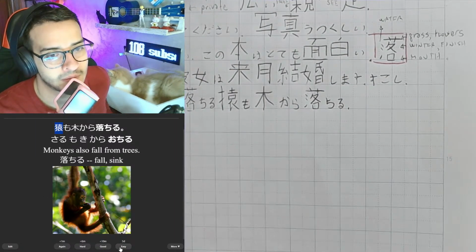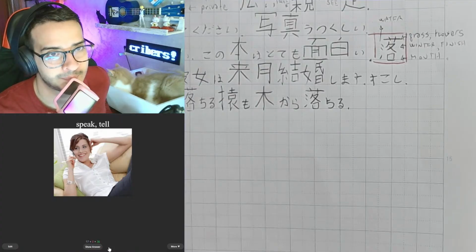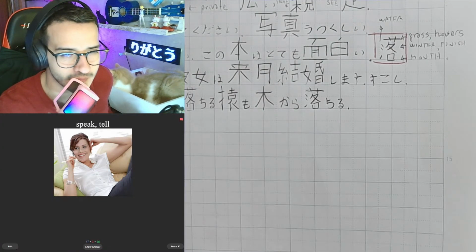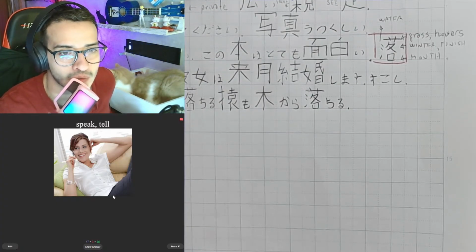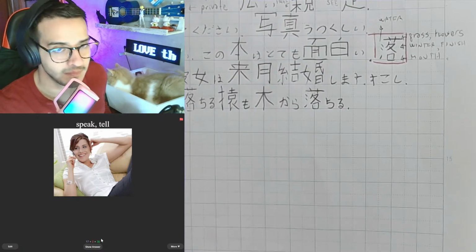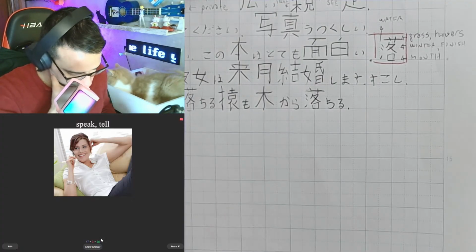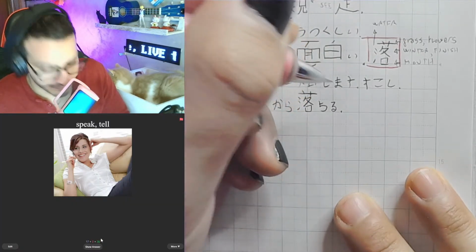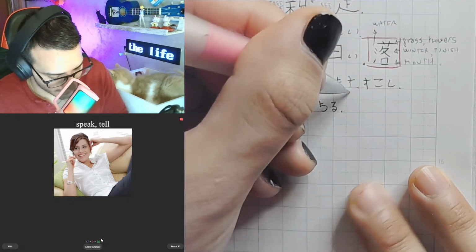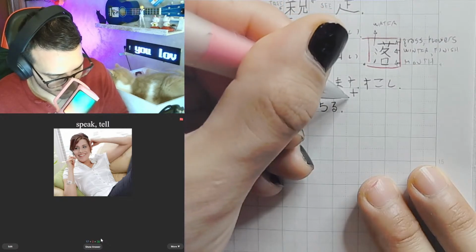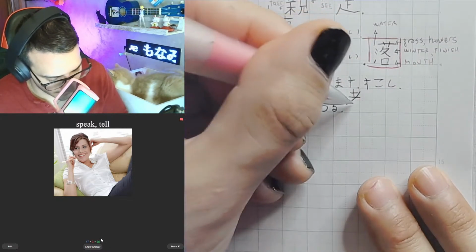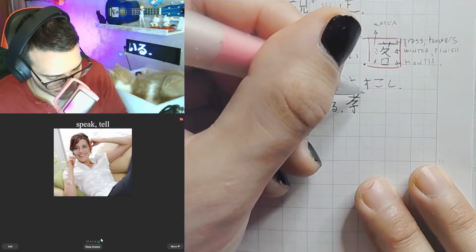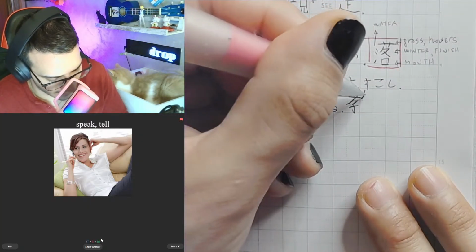Easy? No. Let's do 10 minutes. How do we say to speak, to tell in Japanese? Here's how I remember it. So first of all, there is the ground radical, then the katakana no, kodomo, and strike.